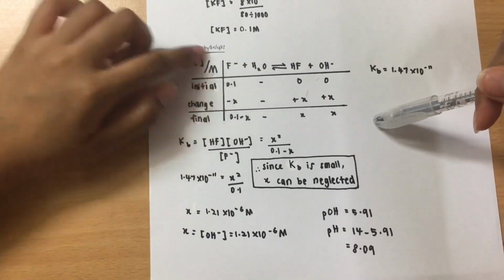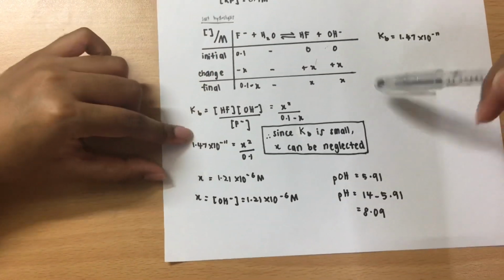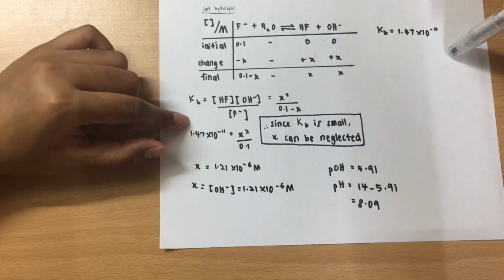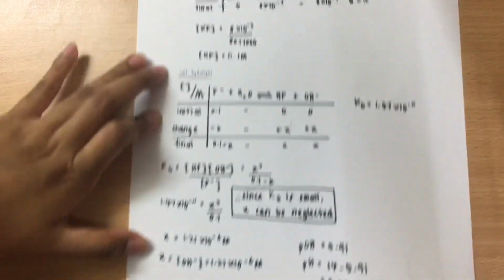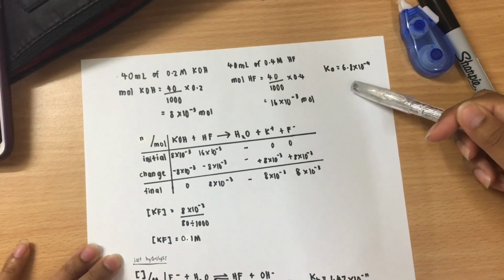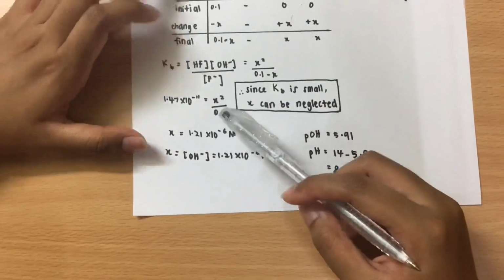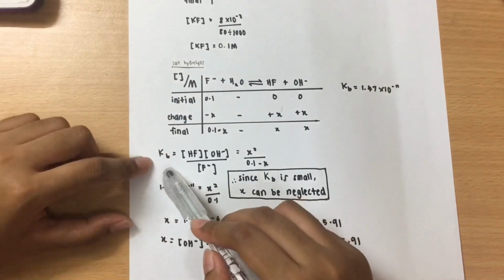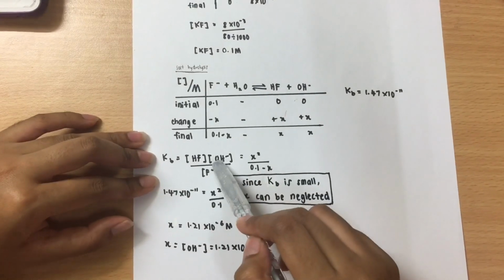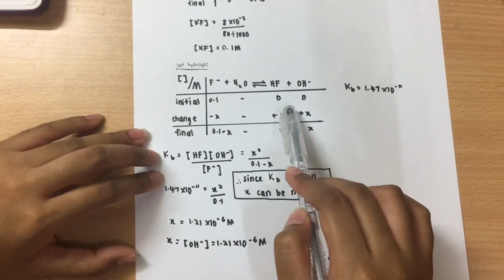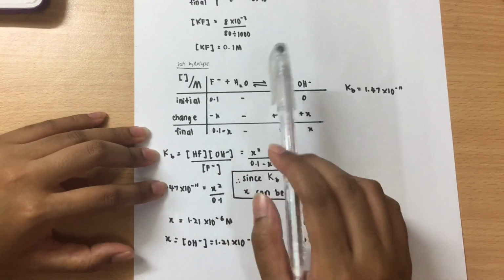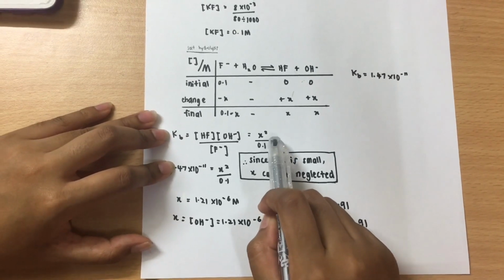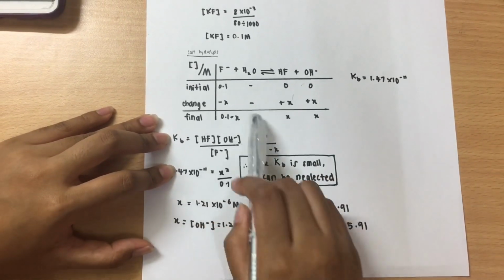Then we take the Kb that has been derived from Ka to get the concentration of OH minus. Kb equals the concentration of products divided by the concentration of reactant, which is also equal to X squared divided by 0.1 minus X.